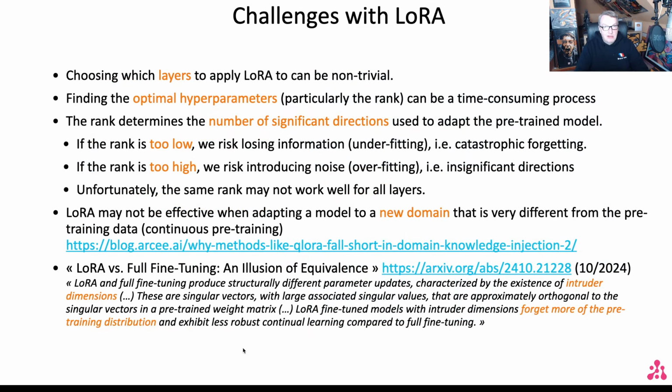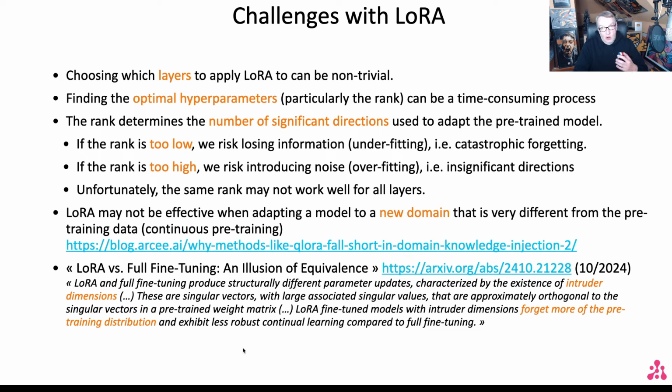However, LoRA has a number of challenges. The first one is, it might not be obvious to decide which layers to apply LoRA to, right? Like I said, mostly we do attention layers, but sometimes that's not enough. And if you do all layers, maybe you're wasting time, maybe you're hurting the model. There's a choice here which is not really obvious to make.